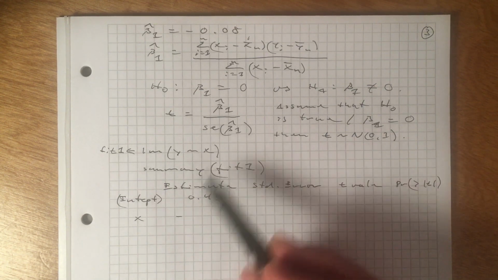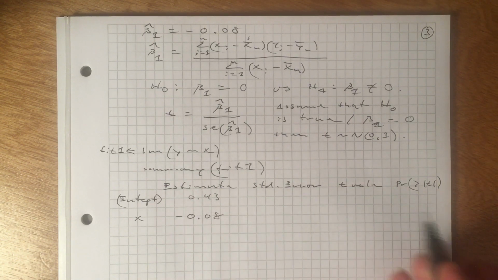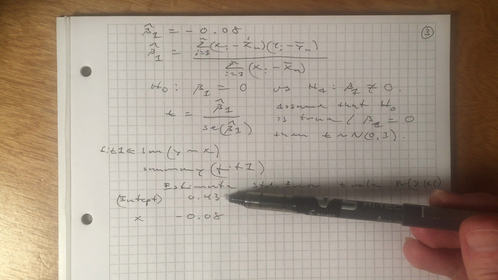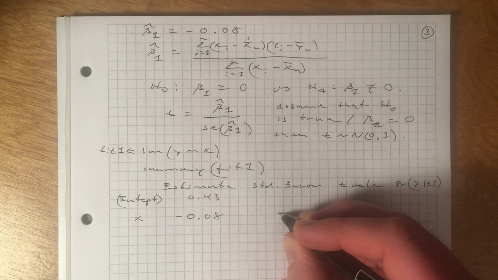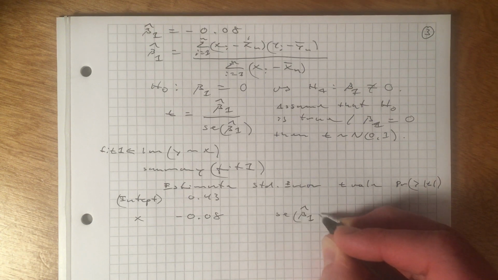Our estimate of beta 1 was minus 0.08, and then you'll get the standard errors of these estimates. So here you'll get what we have been denoting as the standard error of beta 1.